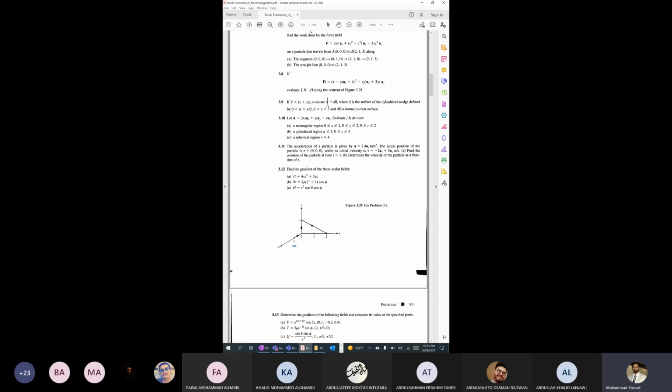So it is in the first octant, and the height of this cylinder is from 0 to 2, and it is not given how much the radius, that is rho, is for this cylinder. What is the radius? Rho, that is x square plus y square.